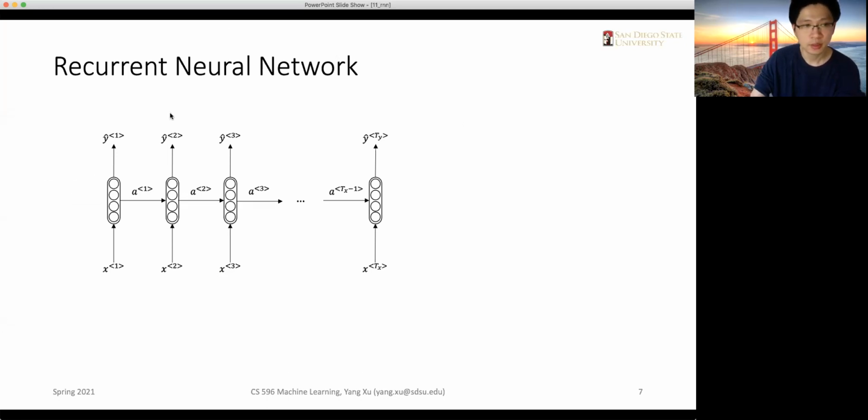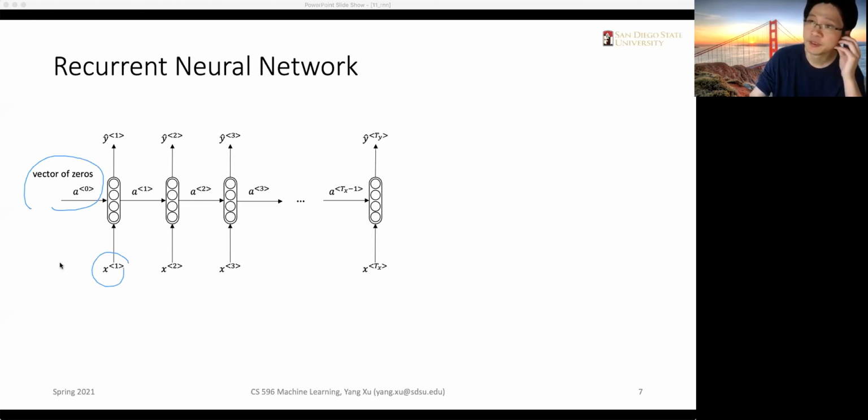A little technical detail about the first time step: when we first take the word x1 as input, there's no historical information, no previous activation. So we will fake some data, feeding a vector of all zeros as A0, and that will be part of the inputs for the first time step.